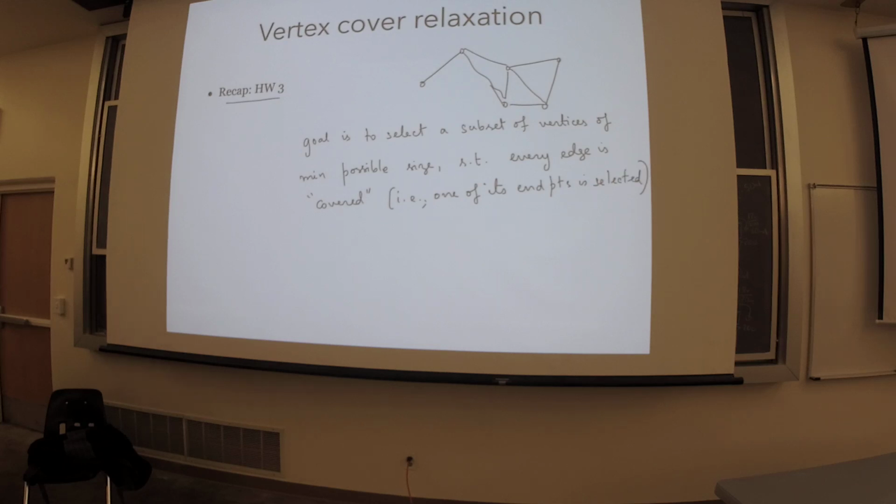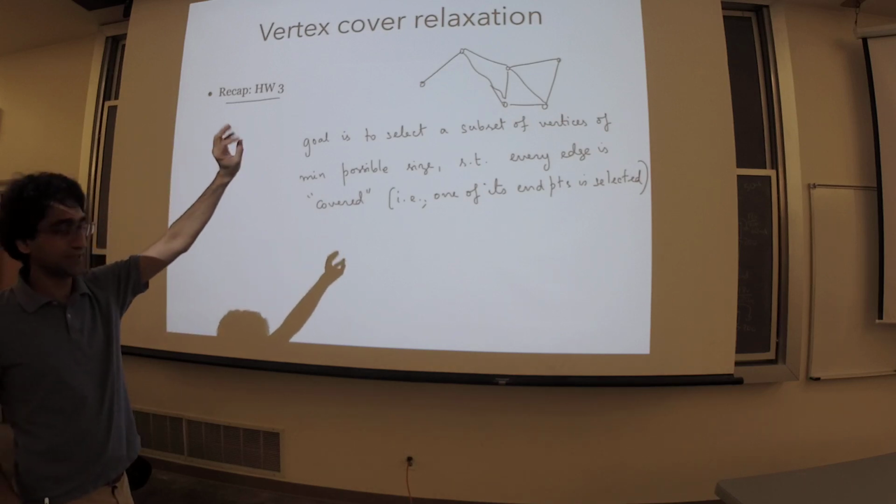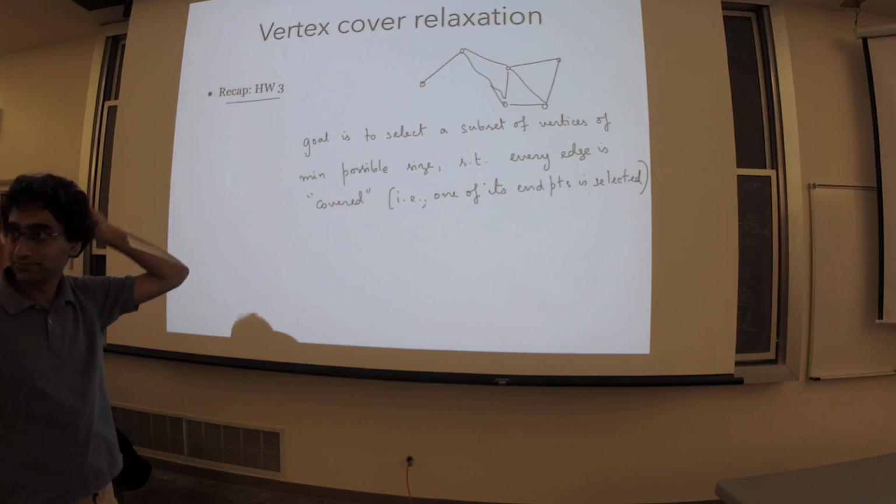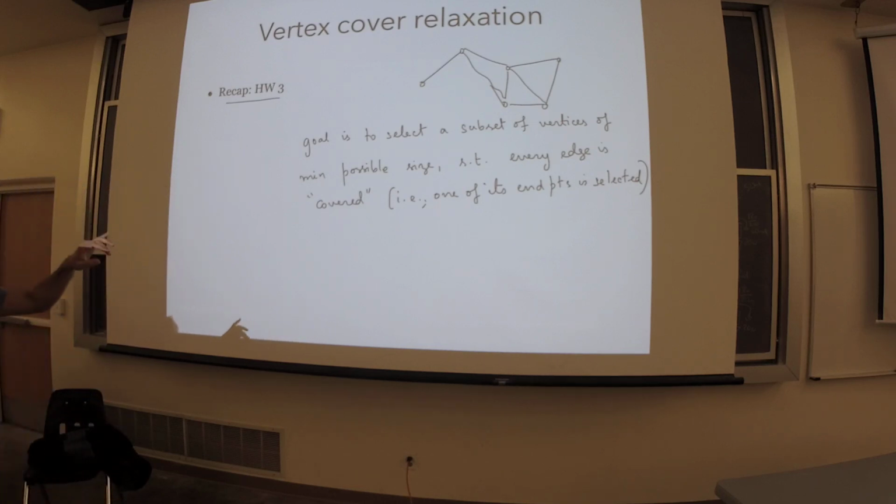Okay, so this is the goal in this vertex cover problem. You're given some graph and you just want to pick a small subset of vertices so that for every edge, one of its endpoints is selected. Okay. And like we saw in the homework, this is a special case of the set cover.